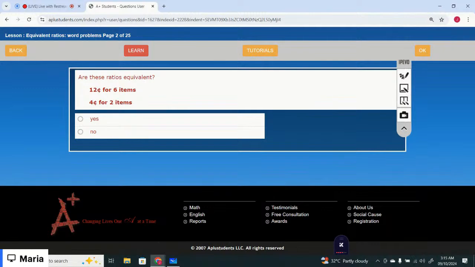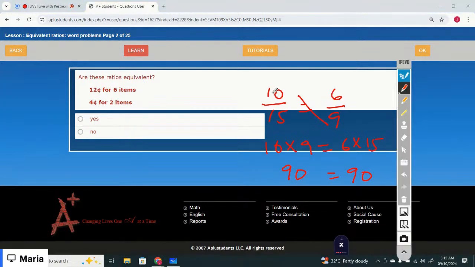Are these ratios equivalent? Which is the correct option? That is $12 for 6 items. That is 12 to 6 and $4 for 2 items. So 4 to 2.